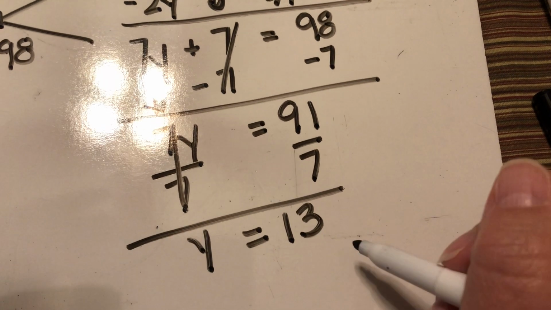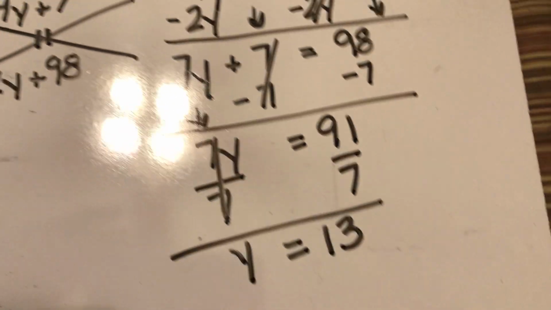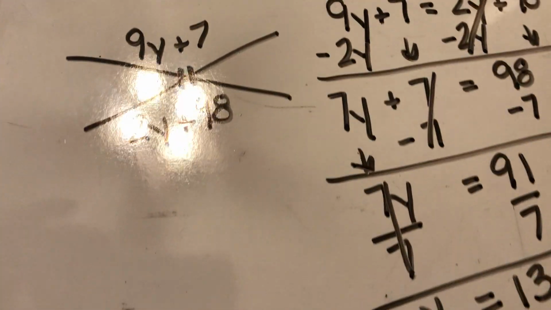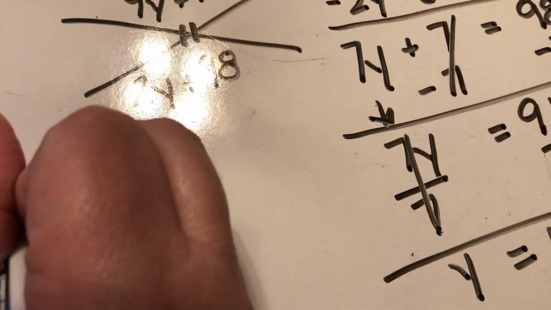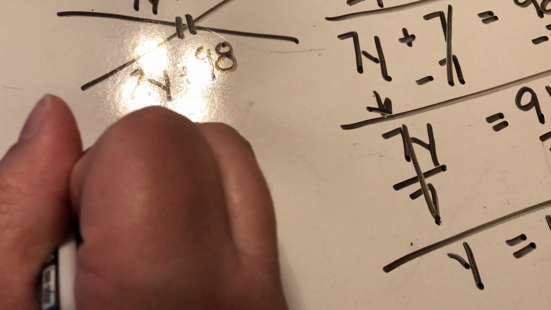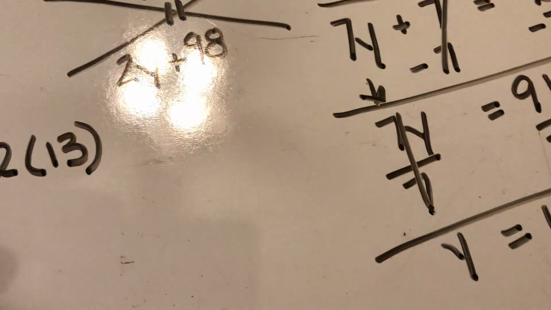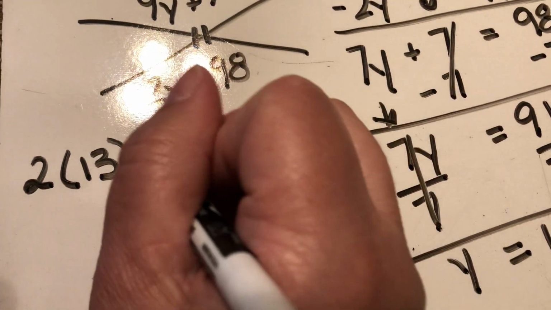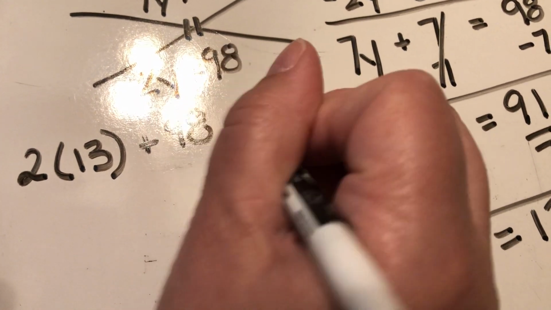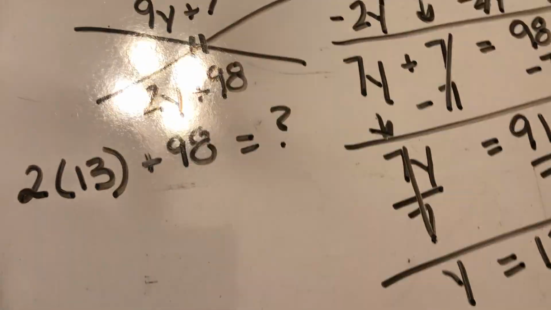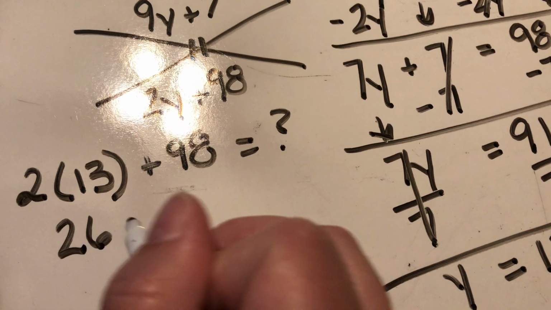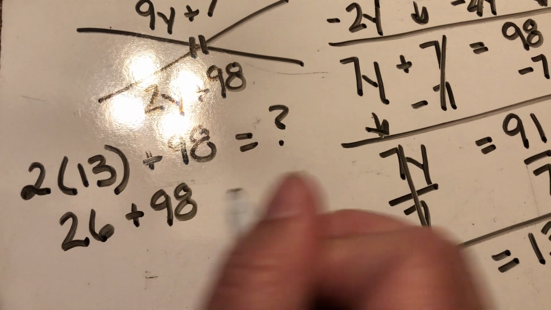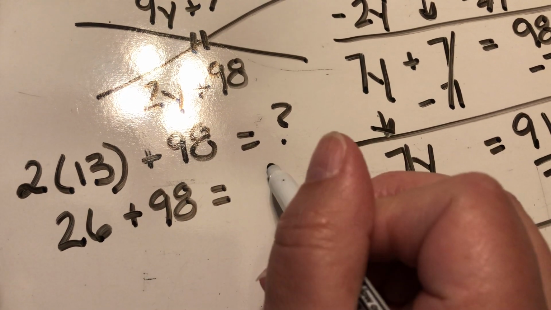Okay, now I have to go to my next step and plug it into one of my equations. I'm going to take the second one, because multiplying by 2 is easier for me. So 2 times 13 plus 98, and I want to know, what does that equal? 2 times 13 gives me 26 plus 98. 8 plus 6 is 14.